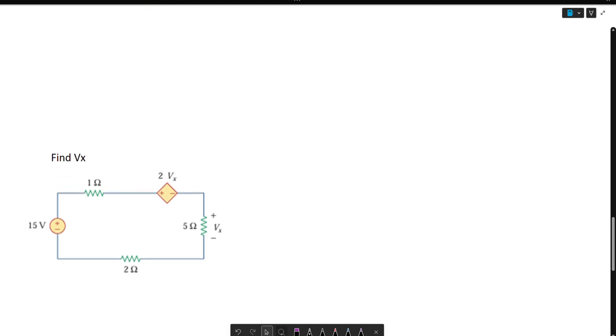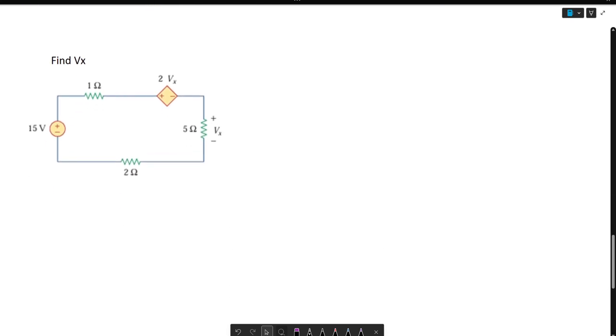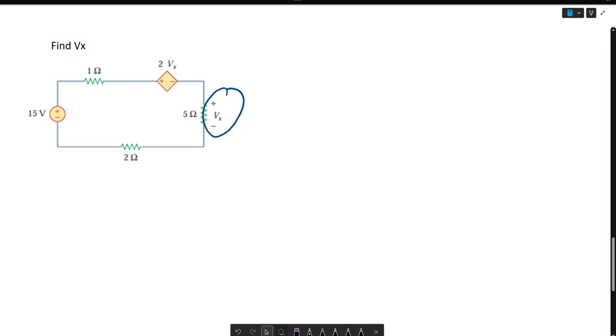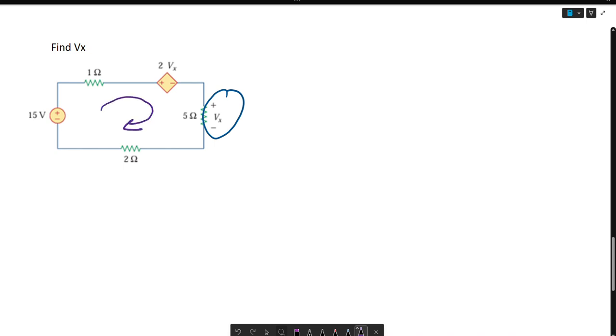So now let's go on to the next problem. Again, feel free to pause the video and try it out and see if you can get Vx here. But let's go ahead and do this. So we'll do our loop 1, since there's only one loop, and we'll call this I1. So we want to start here, and we say that this is a negative terminal.